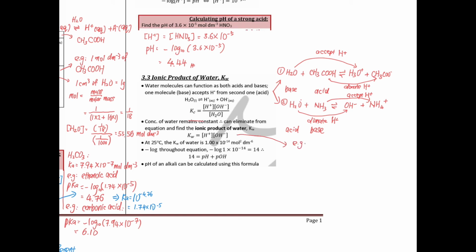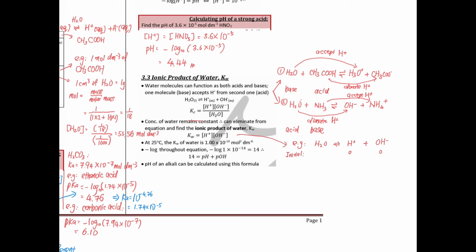When H2O dissociates, although it dissociates a little bit, we are still able to count one. Initially, before it dissociates, there are no ions.